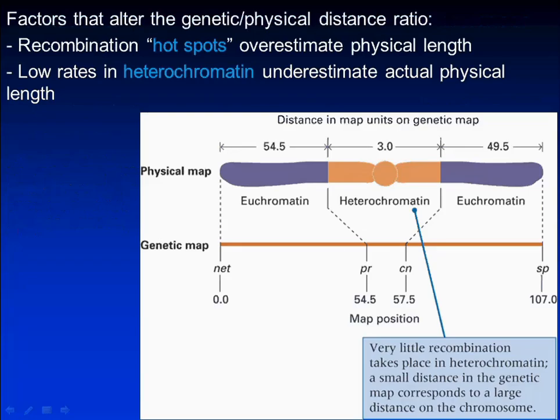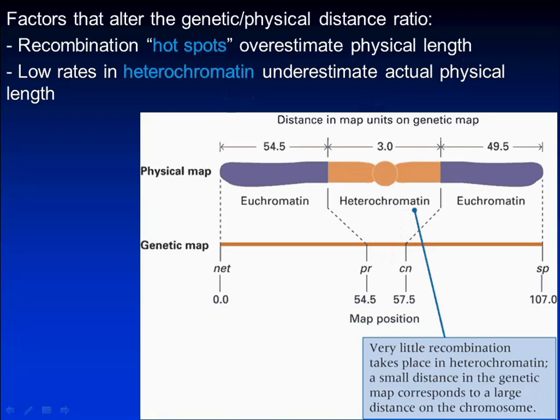Some factors can alter the genetic versus physical distance ratio. For example, in recombination hotspots, high frequencies of recombination will overestimate physical length. On the other hand, in heterochromatin regions, very little recombination takes place.